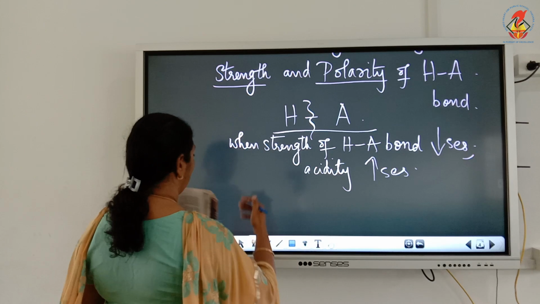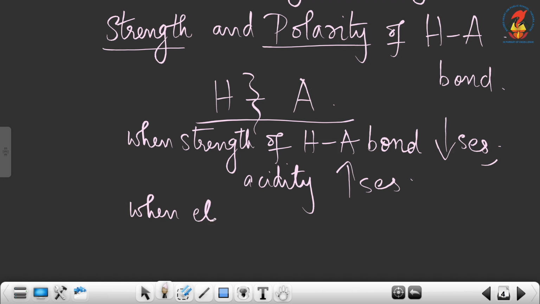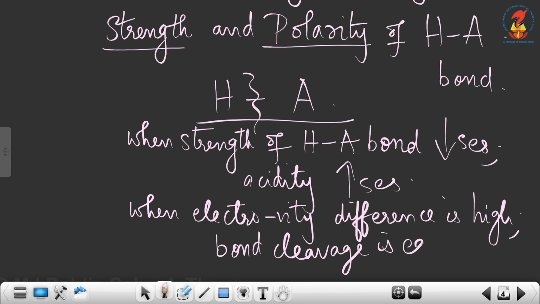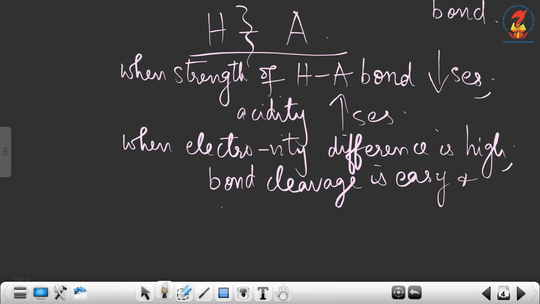So, you can write: when the electronegativity difference is high, then bond cleavage is easy and stronger is the acid, or the acidity increases.